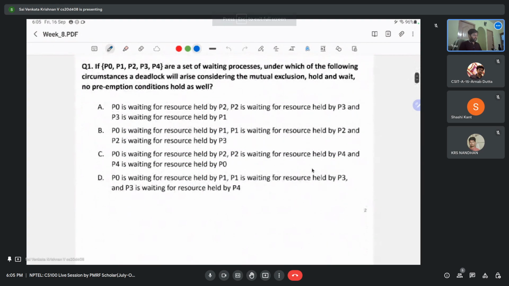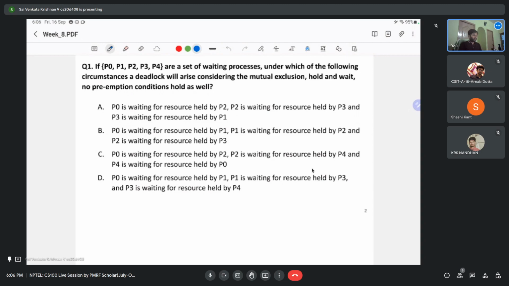Right. So question 1 is as follows. Given a set of processes P0 to P4, 5 processes, they are a set of waiting processes. Under which of the following circumstances will a deadlock arise, considering that the mutual exclusion, hold and wait, and no preemption conditions are holding as well among these 5 processes?